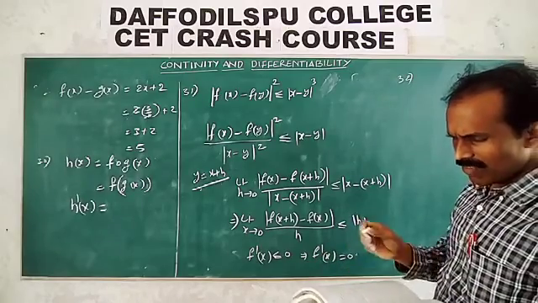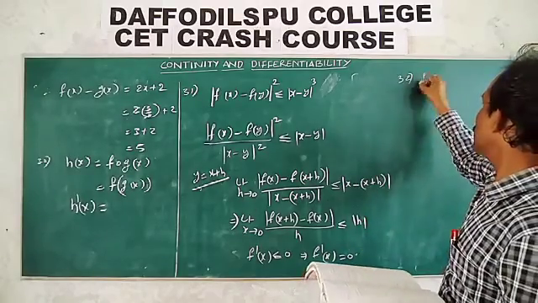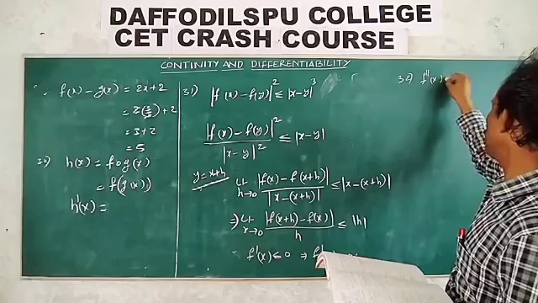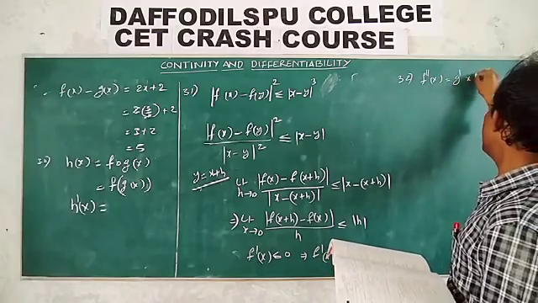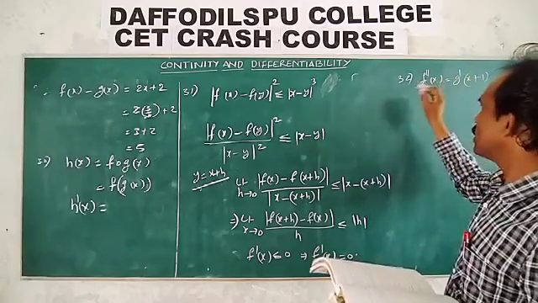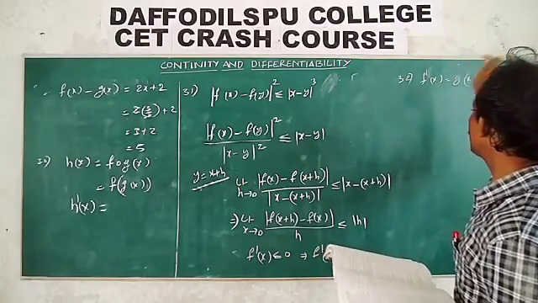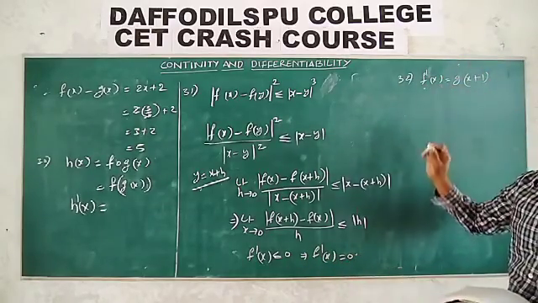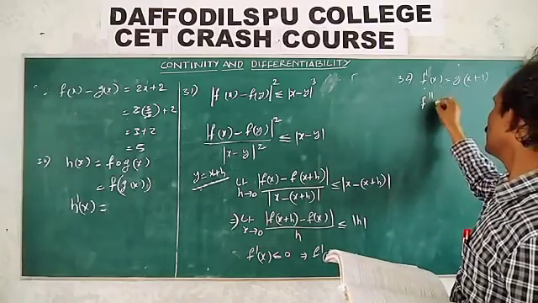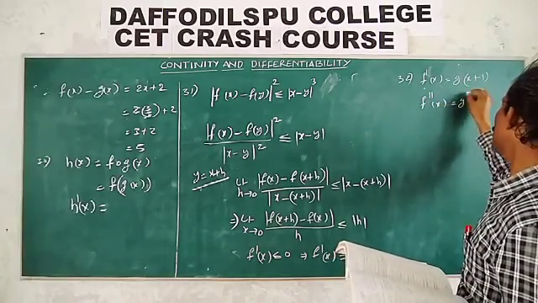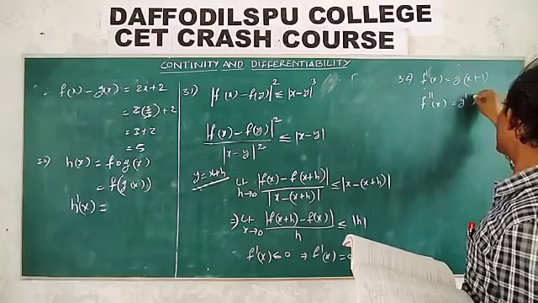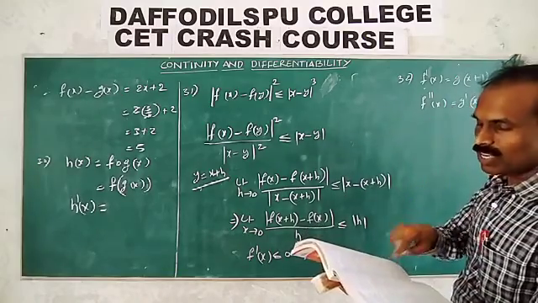First of all, f dash x is given, find out f double dash x. This is the given problem. f dash x is equal to g of x plus 1. Apply derivative. f double dash x is equal to g dash x plus 1.